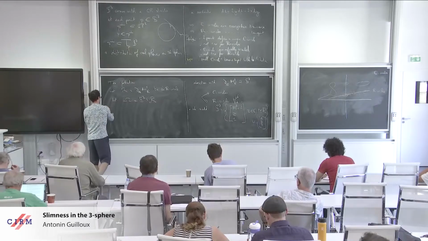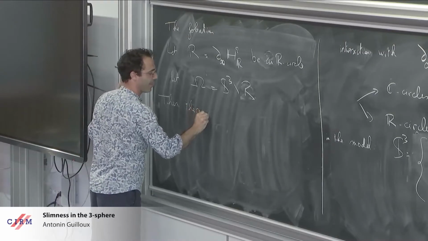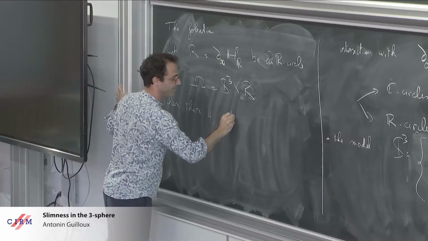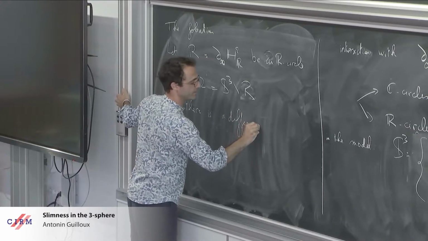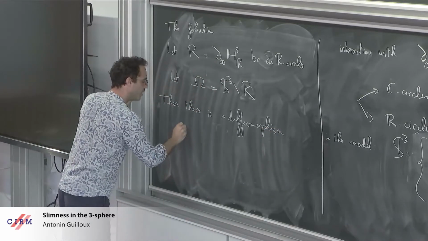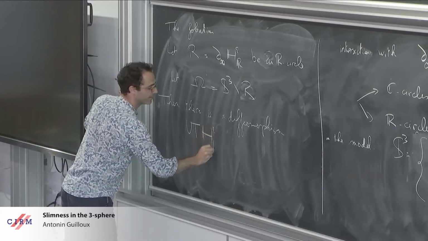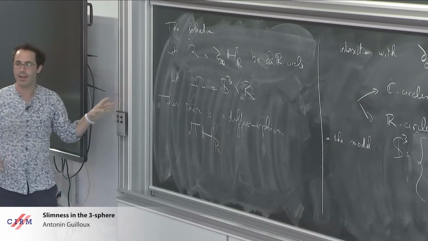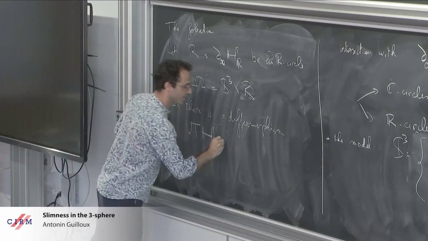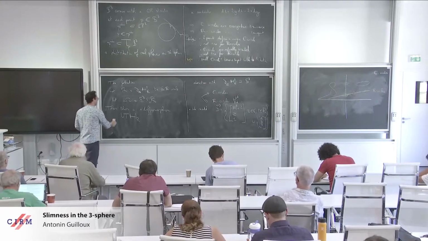Then there is a diffeomorphism from the unit tangent bundle to H2R. Okay, I prefer to write it in the other way.